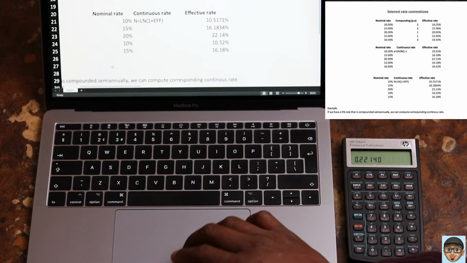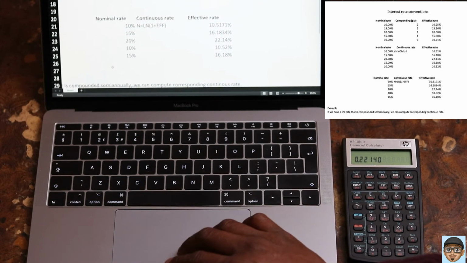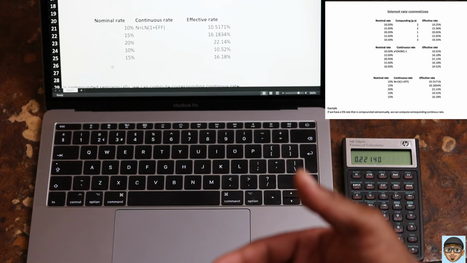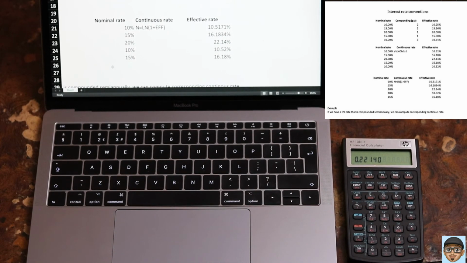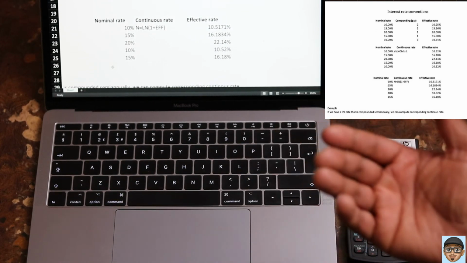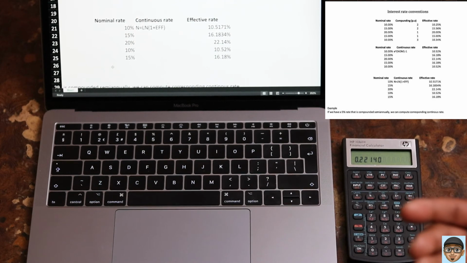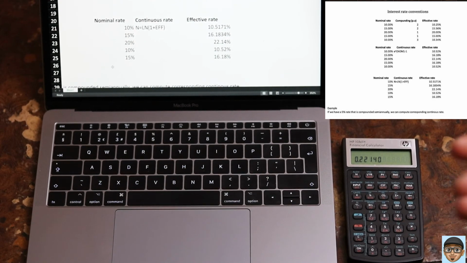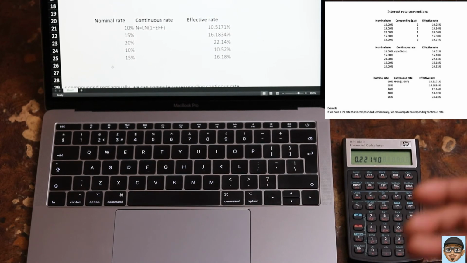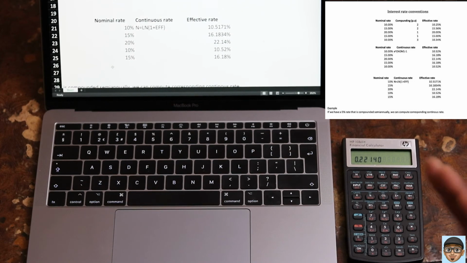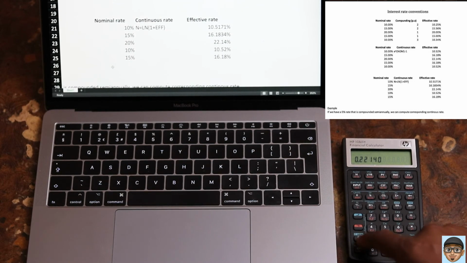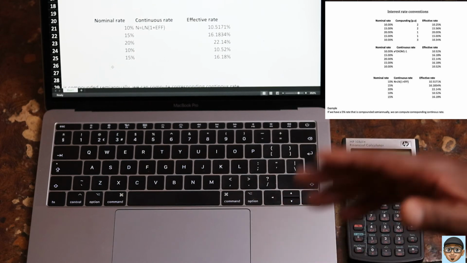We can also use the natural logarithm to move from nominal interest rate to effective interest rate and back again. For example, the equation that we see on the screen uses 10% again as the nominal interest rate. But if you are given an effective interest rate of 10.5171 and we want to convert it back to nominal interest rate, using the equation on the screen, it's very easy.